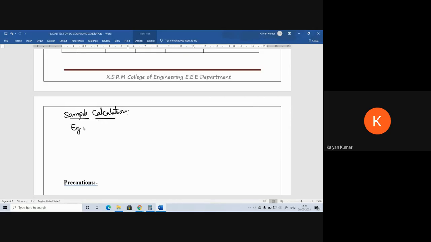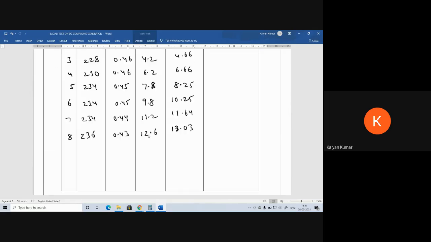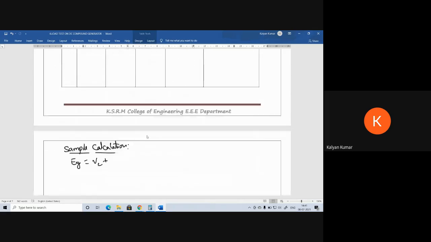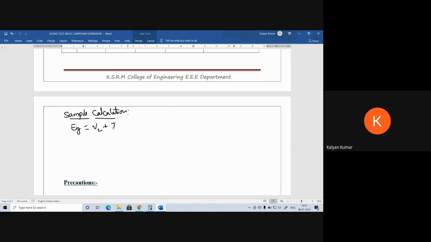EG equals VL plus IARA plus ISC RSC. For short shunt, ISC becomes equal to IL.